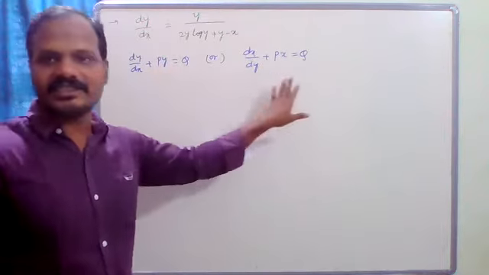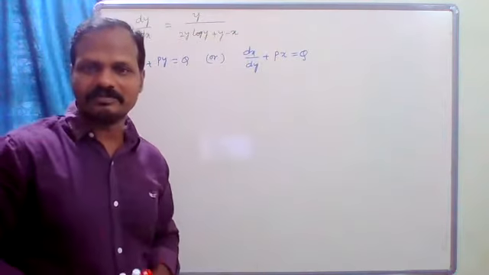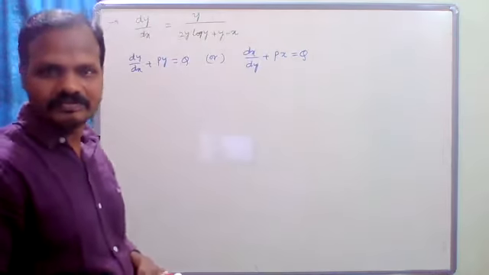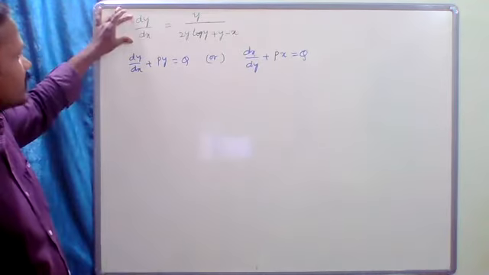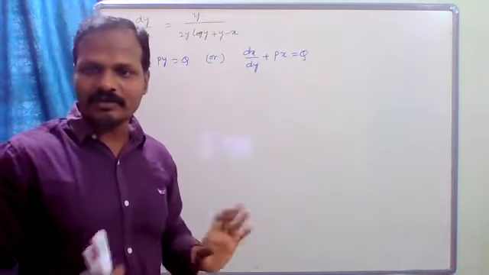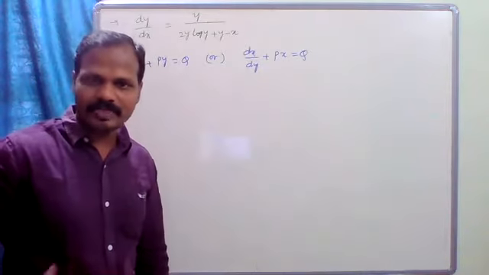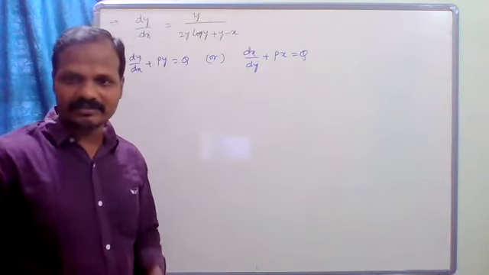This is the first case, this is the second case. Case 1 or case 2? Or neither form? Is this problem in this form or in this form? I want an answer from you people. Give an answer.